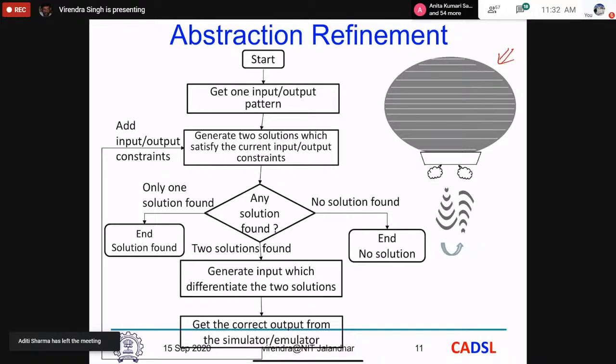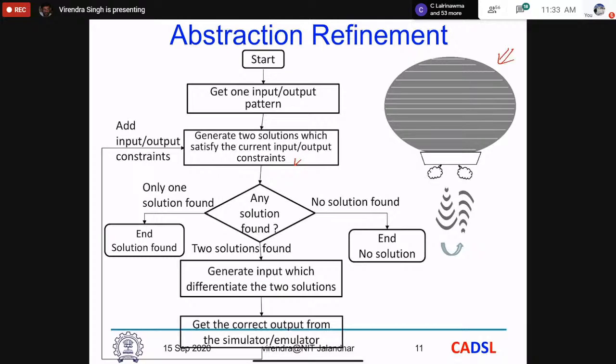So you get one input-output pattern, and generate two solutions which satisfy the current input-output constraint. You find that if you give the input-output as a constraint, you get two solutions.